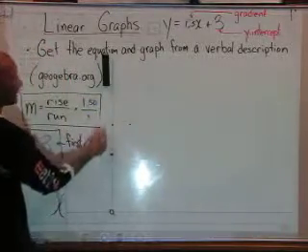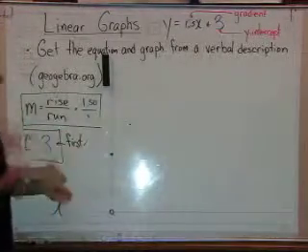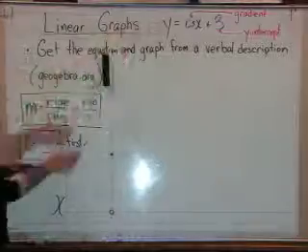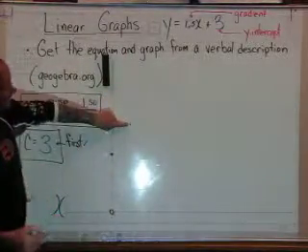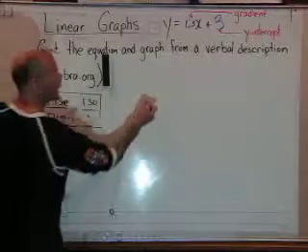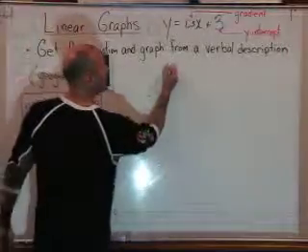So that was up 1.5 and over 1. And I should do that a few more times so I can get a good idea what the line is going to look like. Up 1.5 and over 1, again and again.